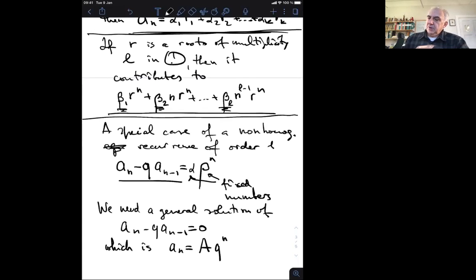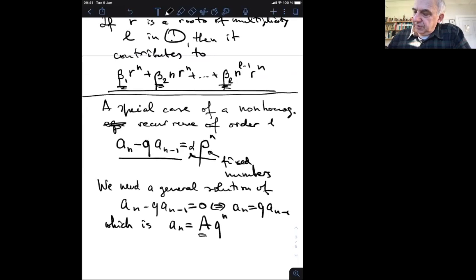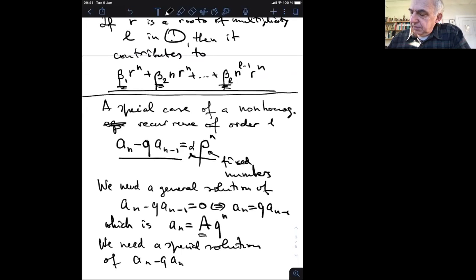So this recurrence is equivalent to a n equals q times the previous term. So we have a geometric progression with some constant. This constant is a parameter. Now we need a special solution of this recurrence, the non-homogeneous one.